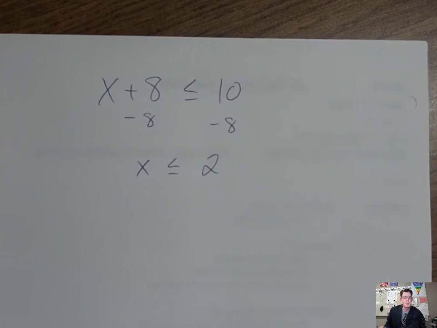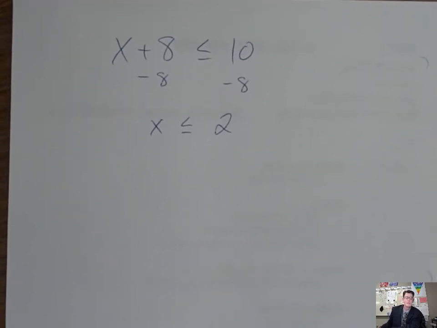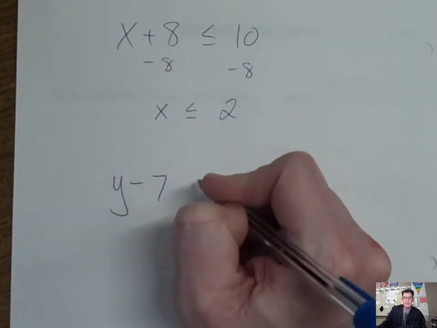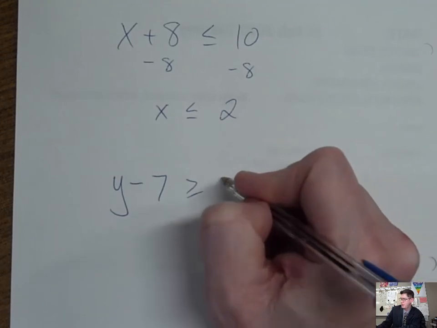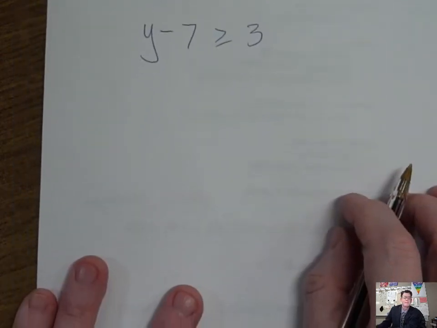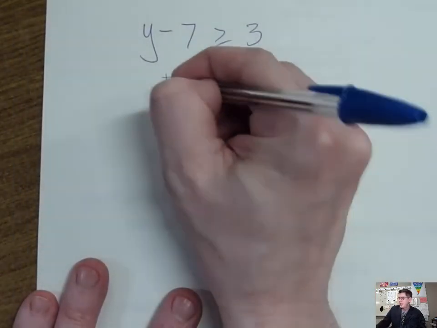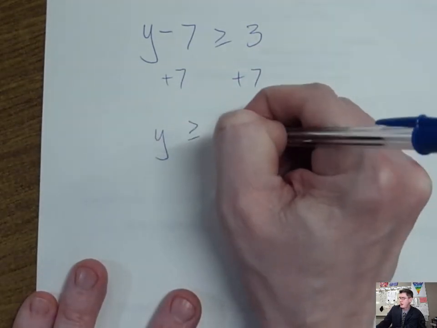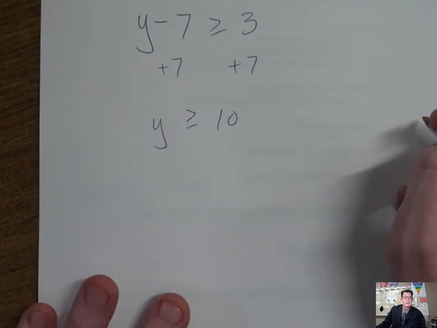They get complicated in time, and so we just want to make sure we get it right here. Let's see, y minus 7 is bigger than or equal to 3. If that's the case, then we add 7 to both sides so that y is greater than or equal to 10.